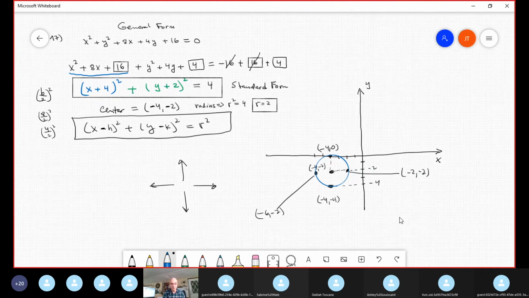After comparison of our example with the standard form, you determine where the center is located and what is the radius. Okay. Super clear, or super confusing, no problema.